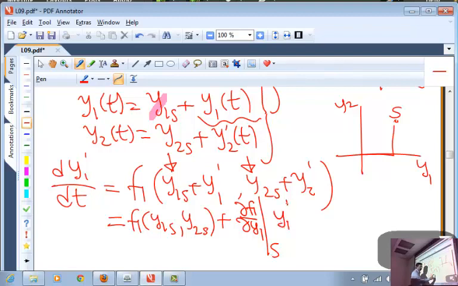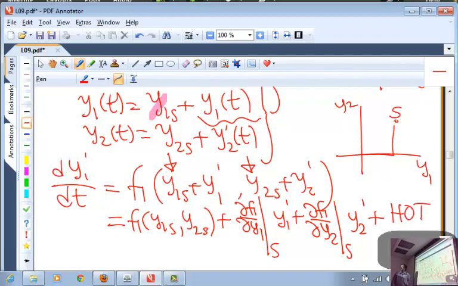If I'm not making sense, please do stop me. Okay, I'm assuming that Taylor series is something that you can recall. Then the second variable, it's a multivariate Taylor series, two variables in here. So it's going to be df1 dy2 at s times y2 prime. Plus, there will be higher order terms that we are going to neglect.